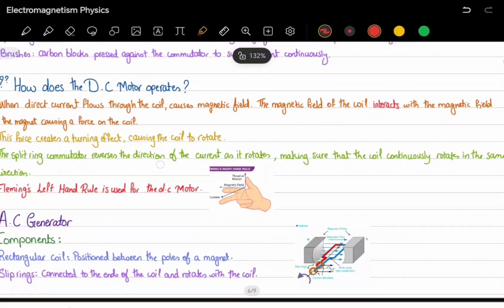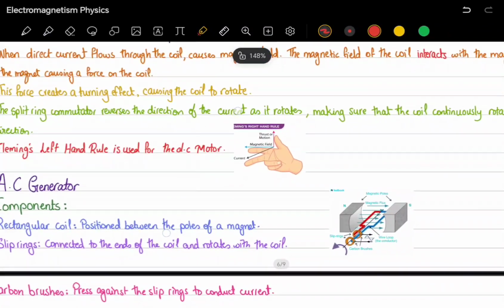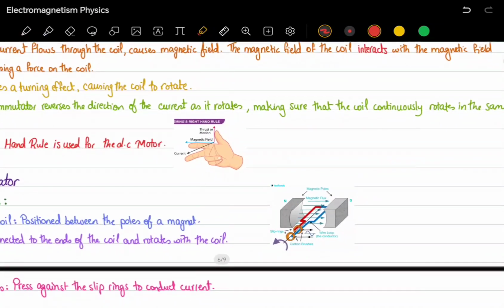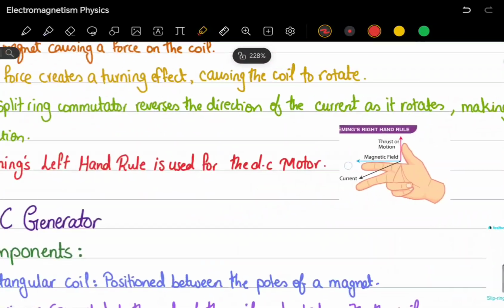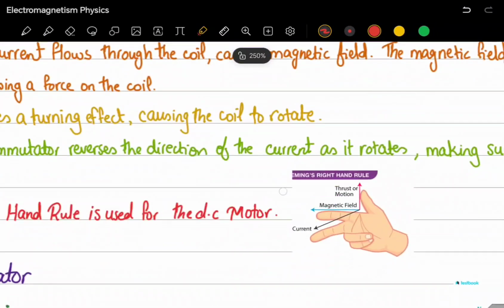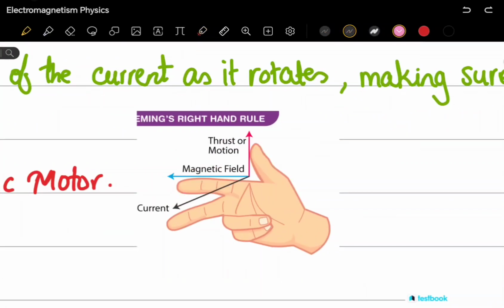This force will create a turning effect which causes the coil to rotate. The split ring commutator reverses the direction of the current every half cycle, making sure that the coil continuously rotates in the same direction. We use Fleming's left-hand rule in the case of a DC motor. Here, the thumb represents the motion or the force, the index finger indicates the magnetic field, and the middle finger indicates the direction of the current.